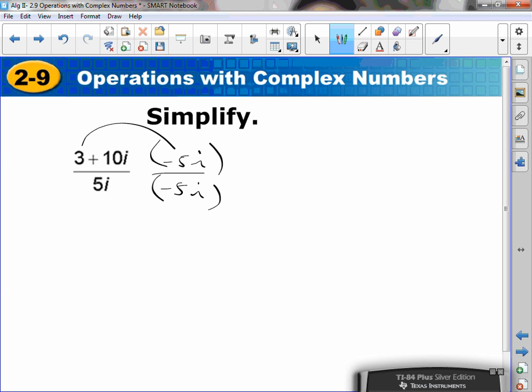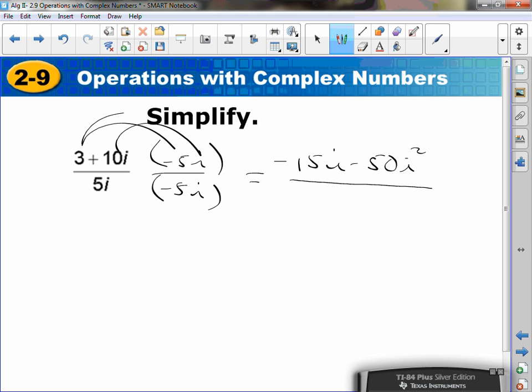3 times negative 5i is negative 15i. 10 times negative 5i, negative 50i squared.